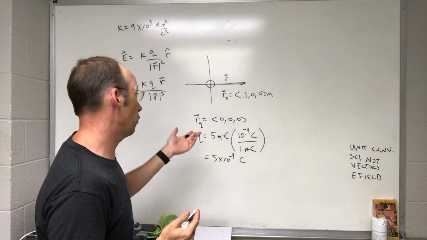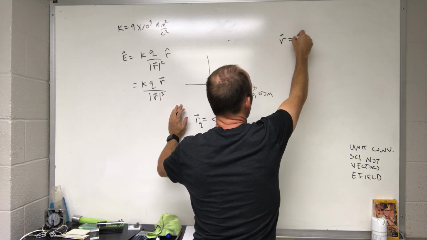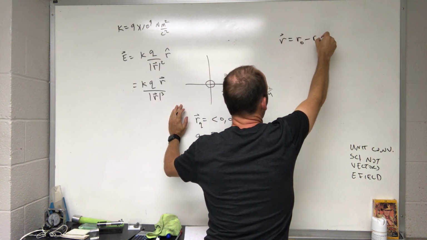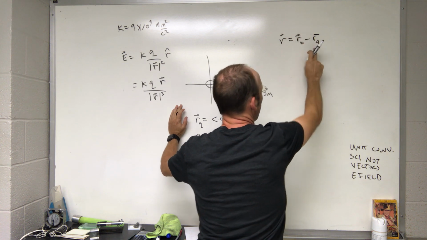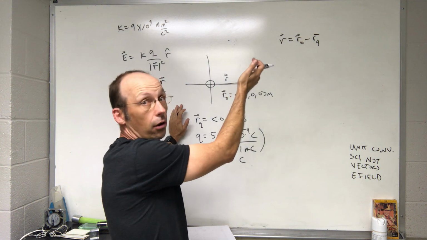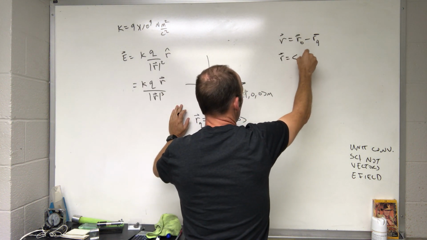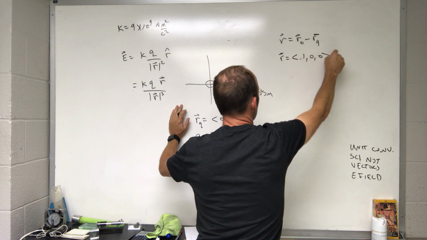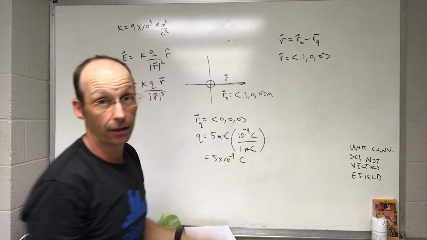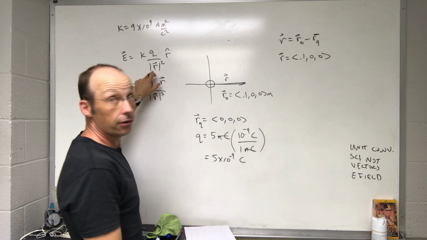In order to find R, I can say R equals R_O minus R_Q. But R_Q is 0, 0, 0, so R is just R_O: 0.100. Next, I need to find the magnitude of R, because it's right down here in this equation.